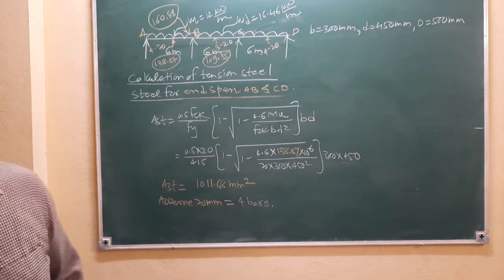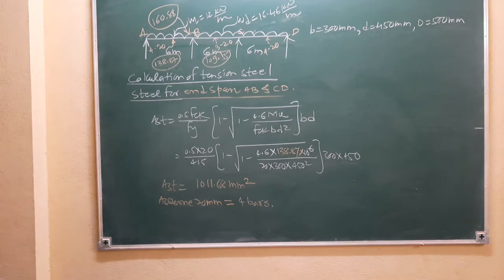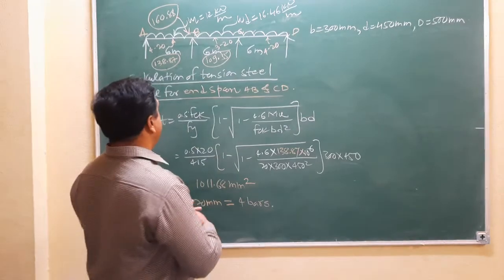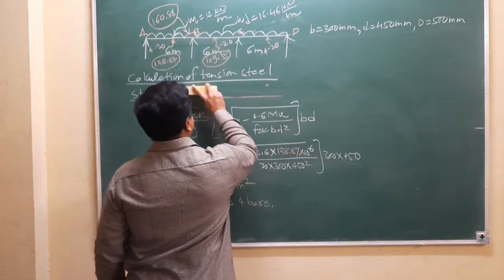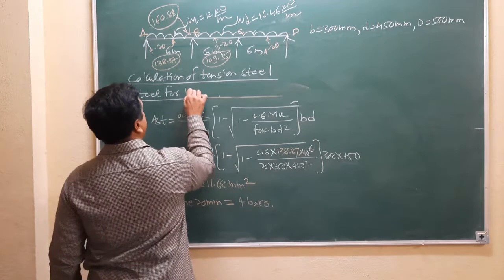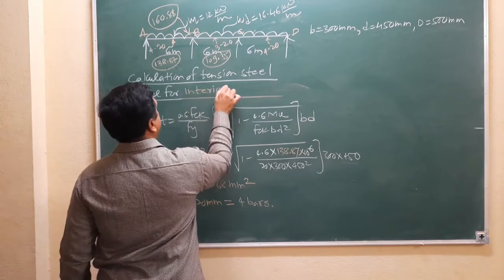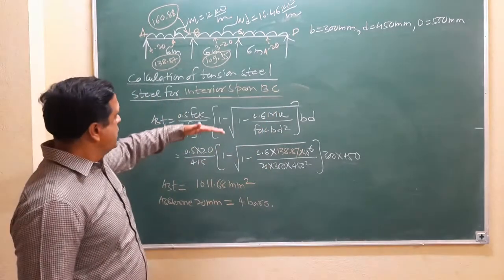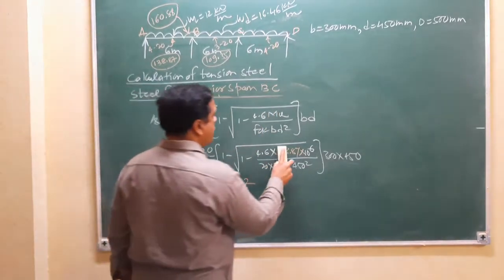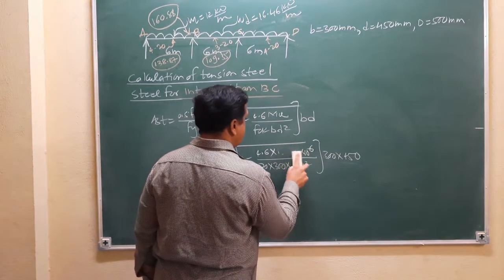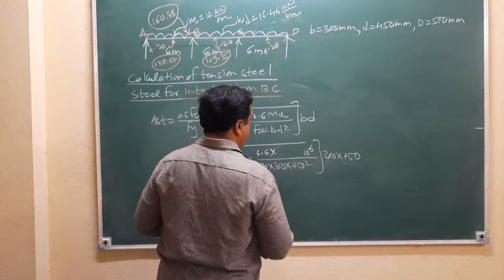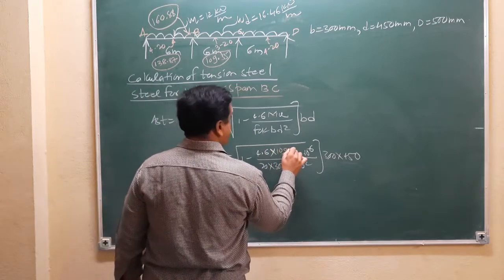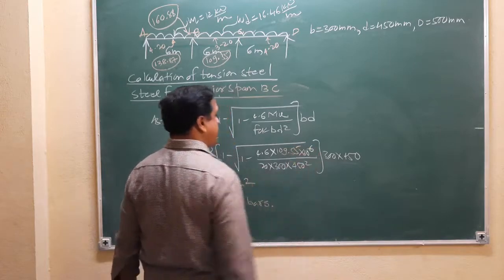Now what is the next? Now you have to provide the steel for the interior span BC. So for the steel for interior span BC, you have to use the same formula, but only change the bending moment, and that bending moment is 109.55 into 10 raised to 6.